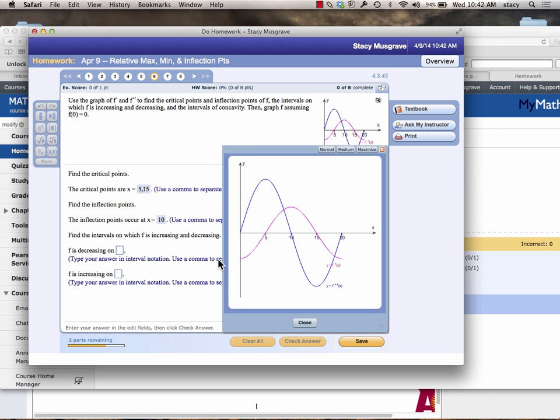The function is decreasing if the pink line, the first derivative, is below the x-axis, right? Because that would be where the first derivative is negative. So where is the first derivative negative? 0 to 5 and 15 to 20.